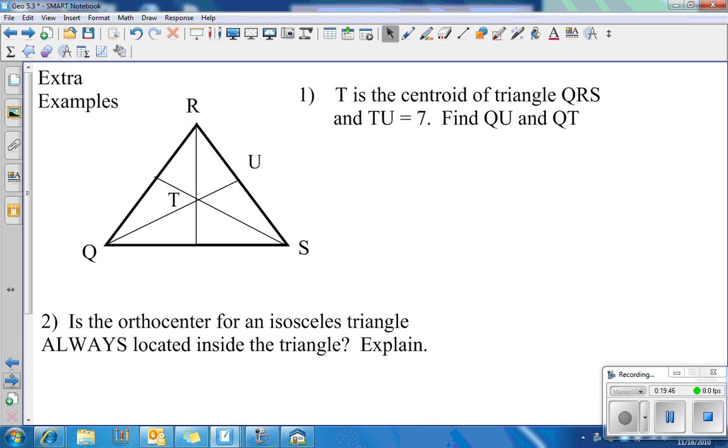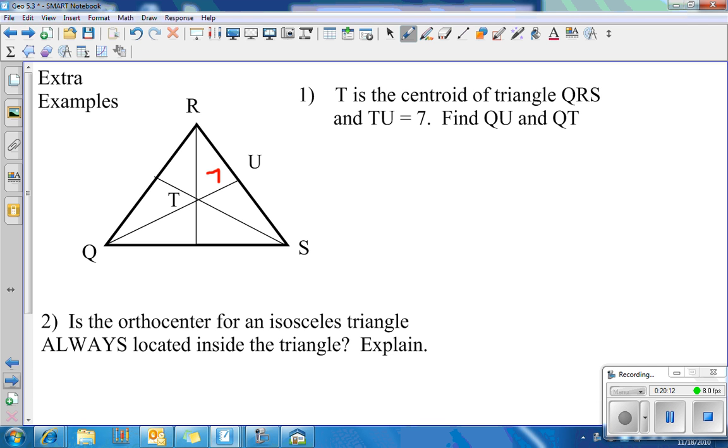T is the centroid of the triangle QRS, and TU is 7. All right, so centroid, remember, there's a special little thing you need to remember about centroid. You can find the lengths by, they're done in thirds or 2/3, right? So TU is 7. Find the whole length and find what's left over, QT.